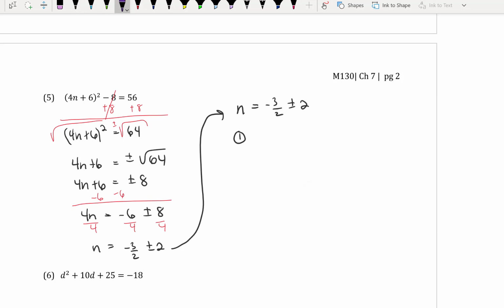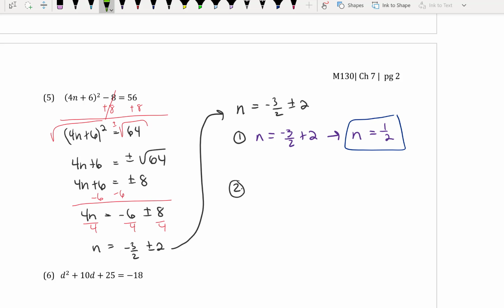Now I'm going to have that n is equal to a negative 3/2 plus 2. When I do that in my calculator, a negative 3/2 plus 2 gives me a positive 1/2. So that's one of my answers.